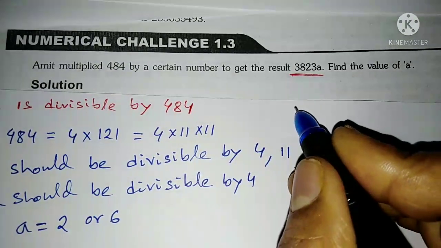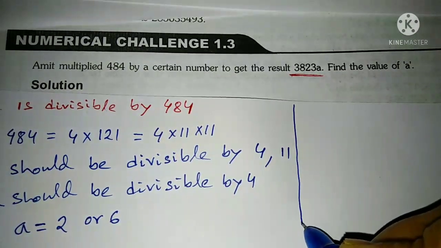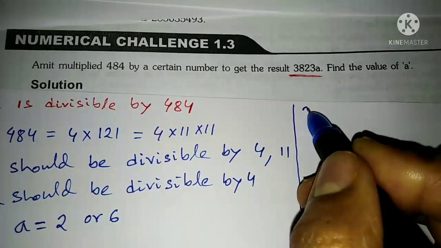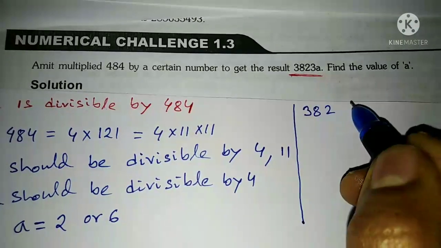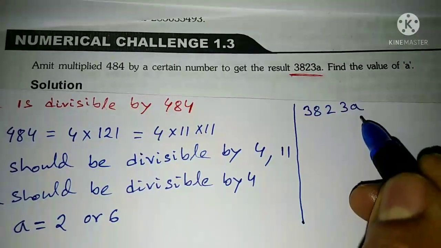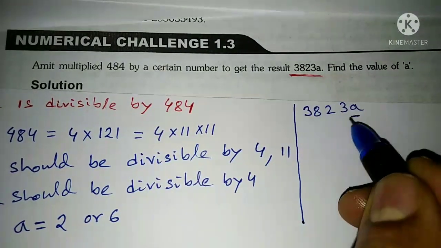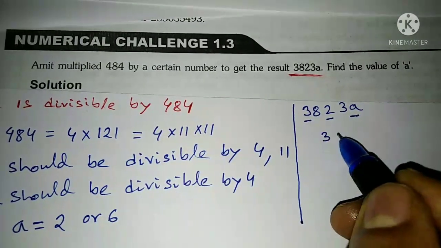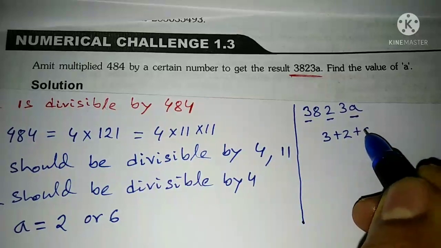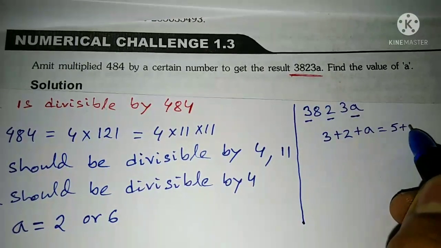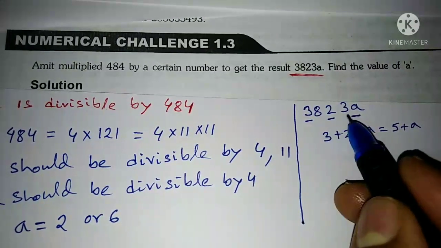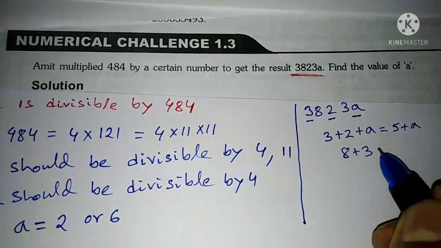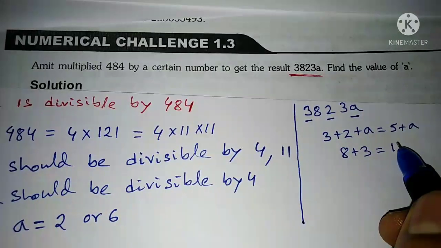Let us write the number again, 3823A. Odd place digits mean A plus 2 plus 3, so 3 plus 2 plus A comes to 5 plus A. And even place digits, 8 plus 3, is equal to 11.